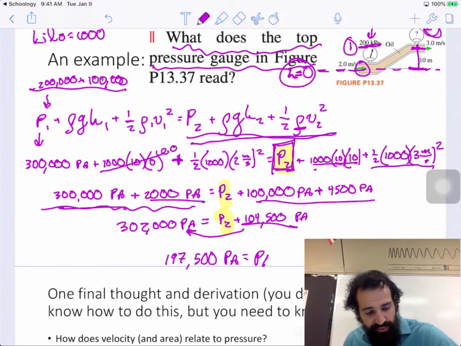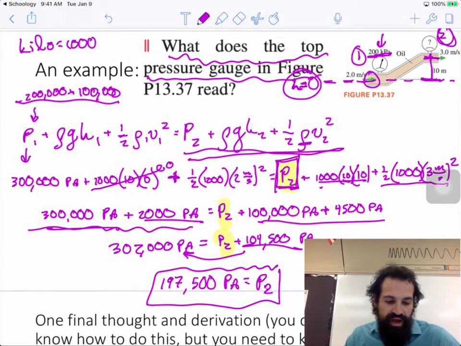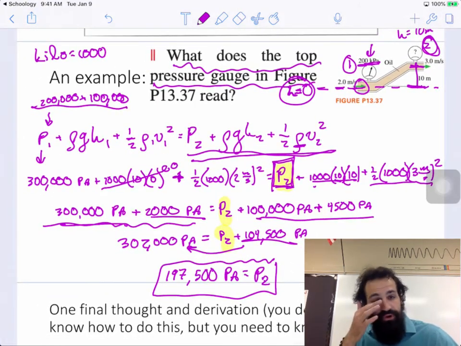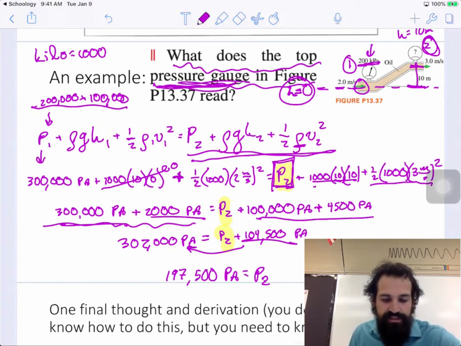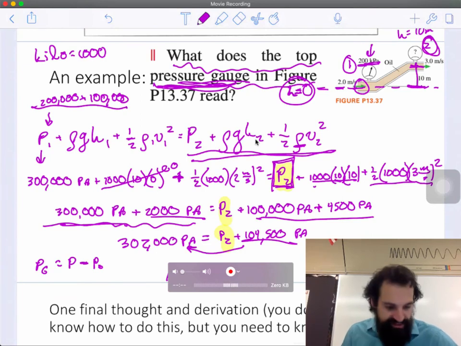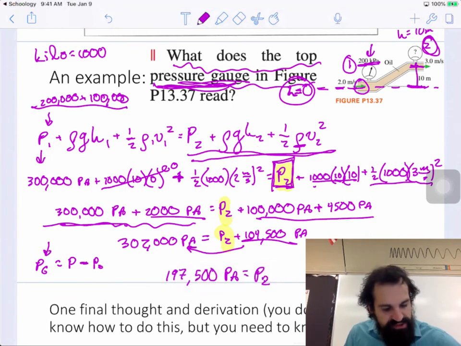But they didn't ask for the pressure at 2. Always go back and reread the question before you are necessarily done with your problem. They wanted to know what the pressure gauge read. All right, so because a gauge always reads 1 atmosphere or less, it starts at 0 pascals.